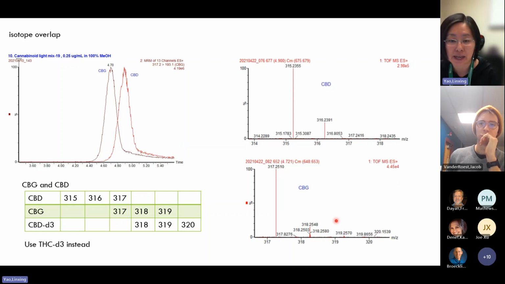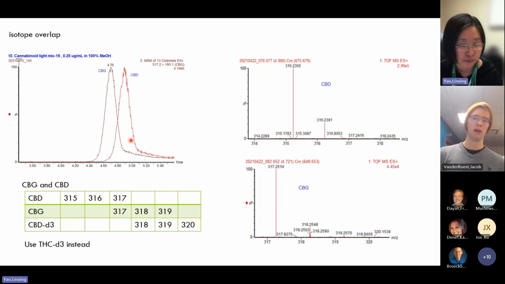So that means if I want to use CBD-D3, which is one of the very few available standards for this method, as internal standard, which we're going to measure at 318, CBG at 318 will contribute to the signal of CBD-D3.